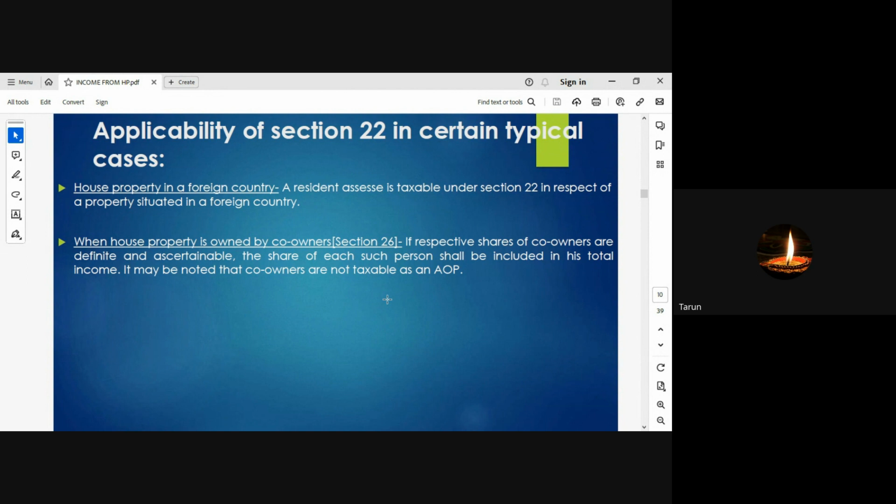Right? So co-owners are not taxable at all if considered as an association of persons. It might happen in India that co-owners are considered as an association of persons, and it will not be taxable at all.